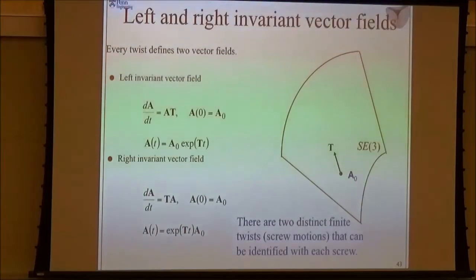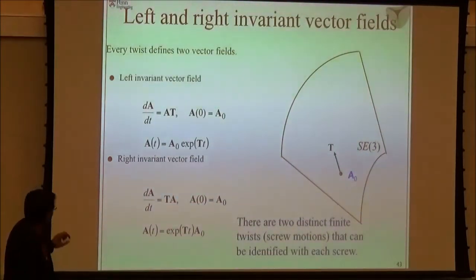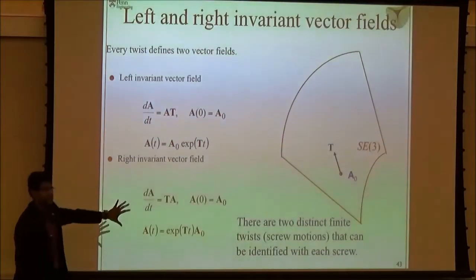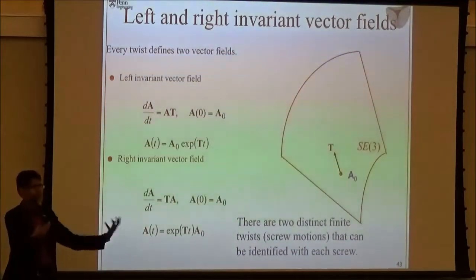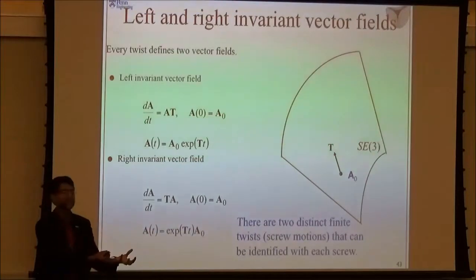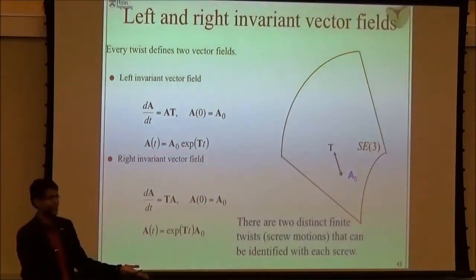So there are two ways of doing this. One is using A times T or T times A. Right? So again, T is the same in both cases. I'm going to give you a twist T, an angular velocity and a linear velocity.